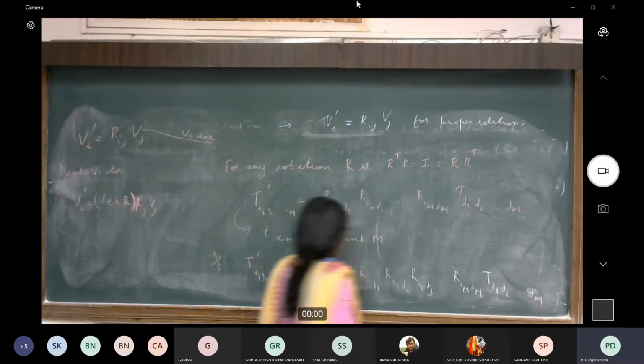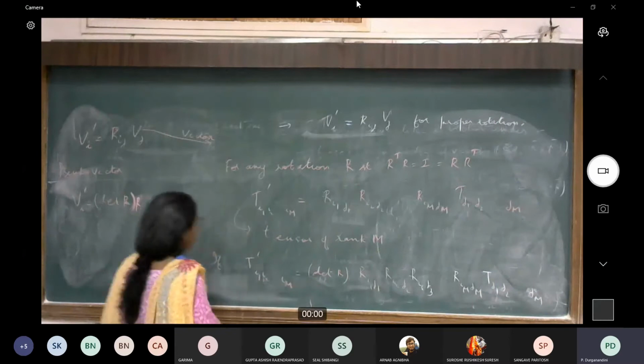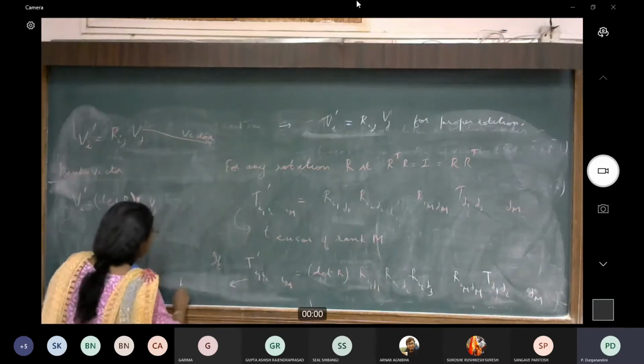So if I get this extra determinant of R factor here, then I will call this a pseudo tensor.